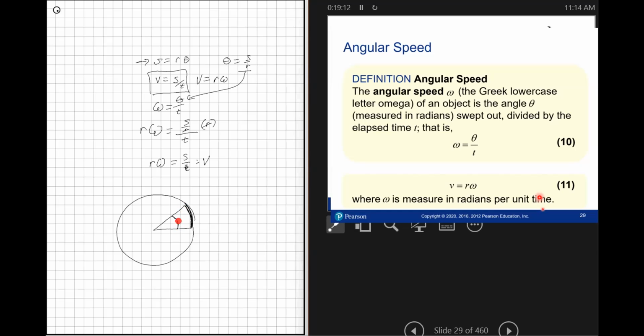So the angular speed and the linear speed are related to each other, because you can't have one without the other one.